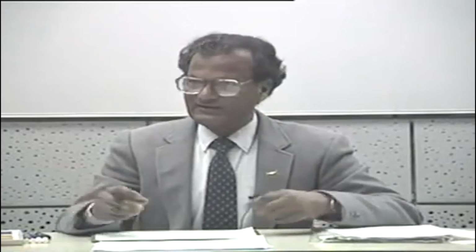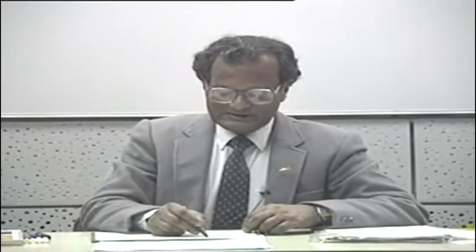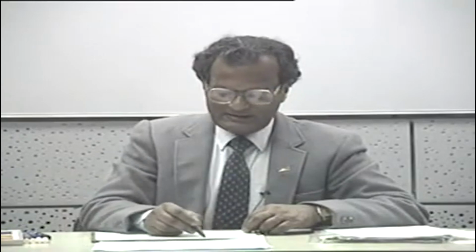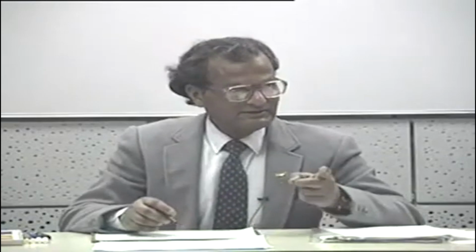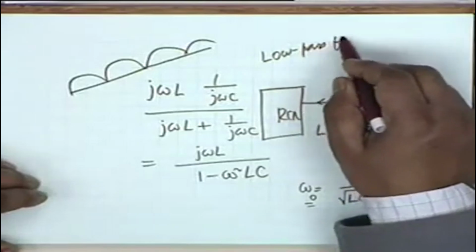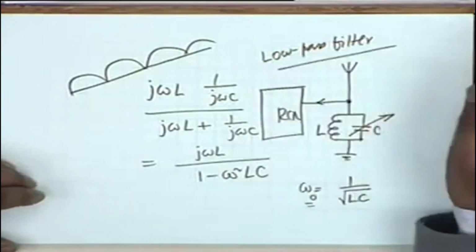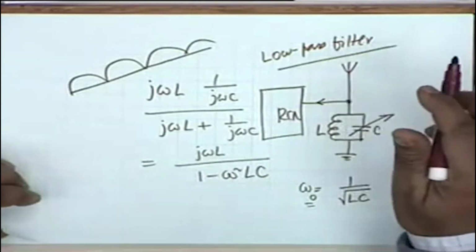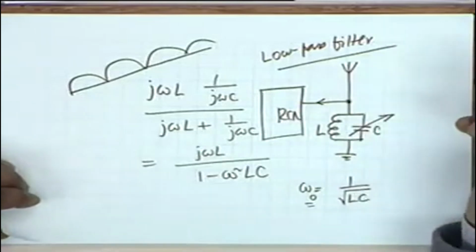Or in the case of a power supply, you have two diodes, a transformer and a rectifier circuit, and the full wave rectifier produces something like this. What you wish to do is to retain the DC and reject all the alternating components, and therefore you require what is known as a low pass filter. A low pass filter is one which passes low frequencies and rejects high frequencies.